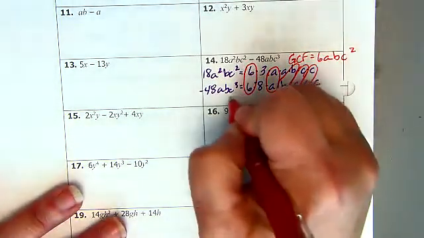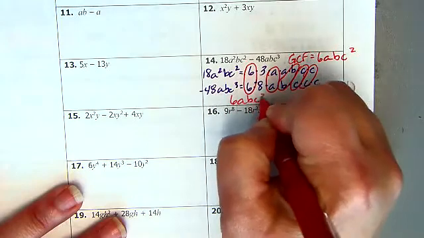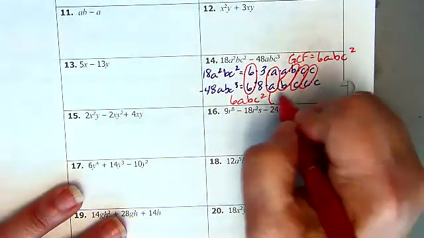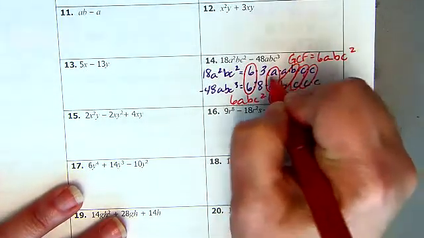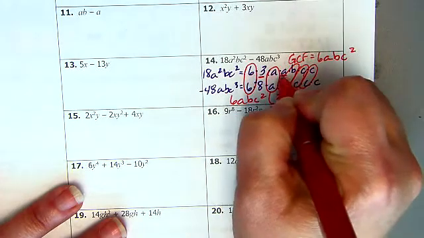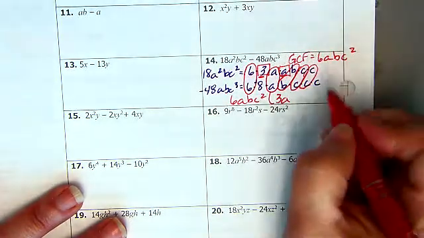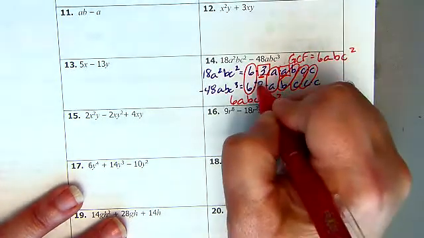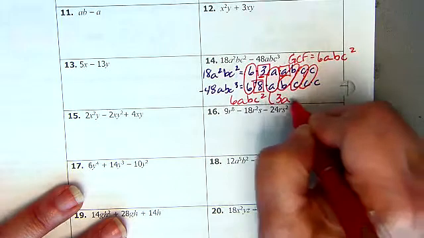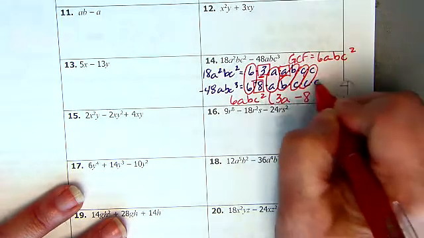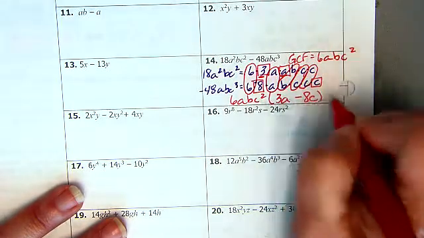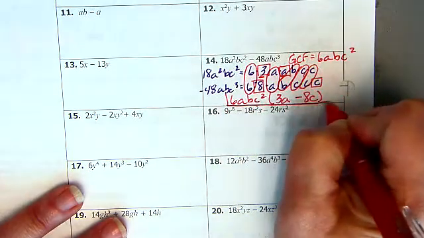So I'm going to have 6ABC squared, and then I've got what's left inside. So I'm going to have 3A, because I have this 3, and I have this A right here. And then I'm going to write what's left in the second one. Now, remember, that's a negative 8. So this is going to be minus 8C. This is my factored form.